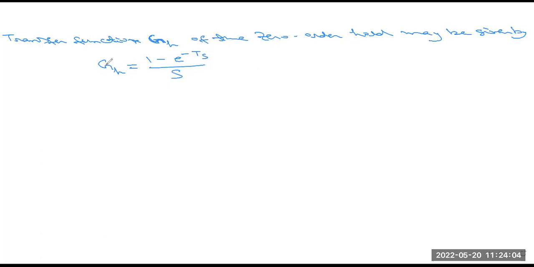So please remember these things also. This is basically the transfer function of the zero order hold circuit. So this is the data hold circuit and how it is calculated, and what is the transfer function of the zero order hold circuit also.